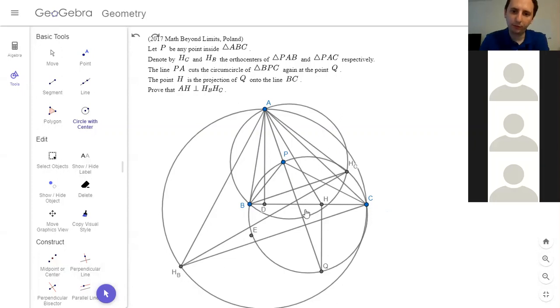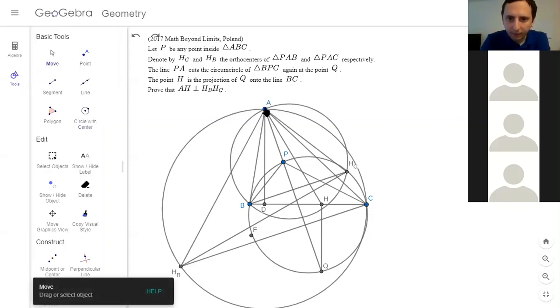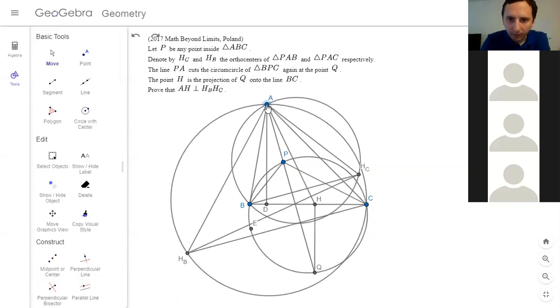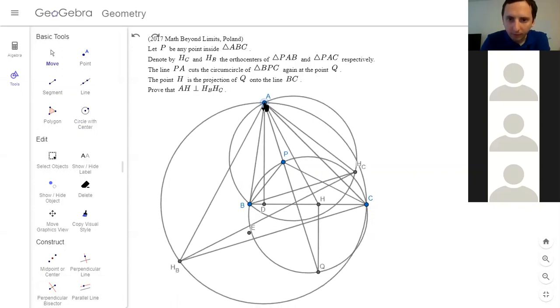So HBH squared, I'm trying to think about the power of HB with respect to this circle, which is HBH squared minus the radius squared. And then we could probably do the same thing. It almost looks like HC lies on this circle, but I don't want to make it look like that. That's better.